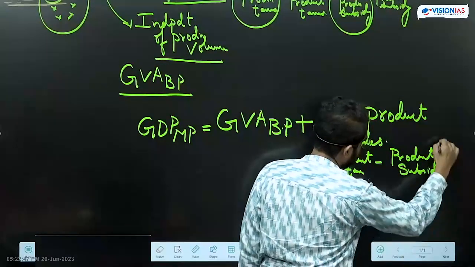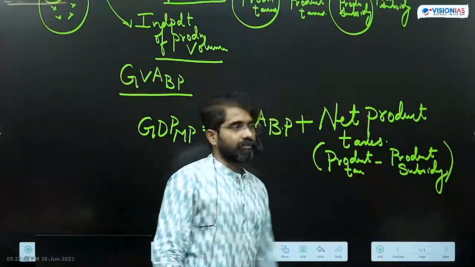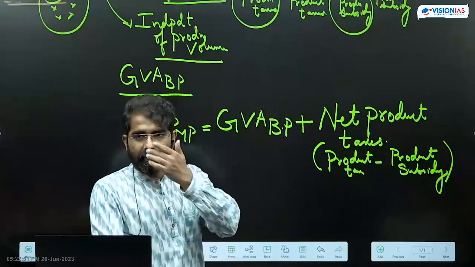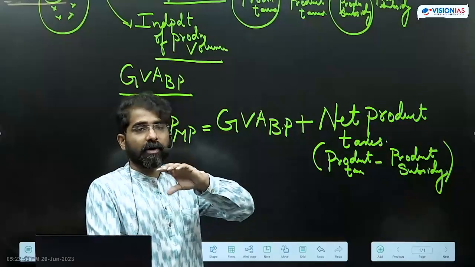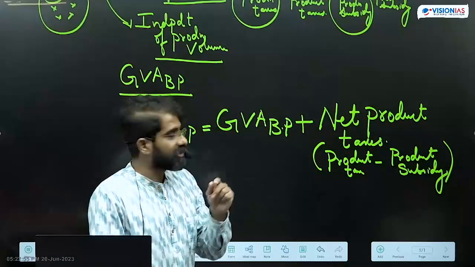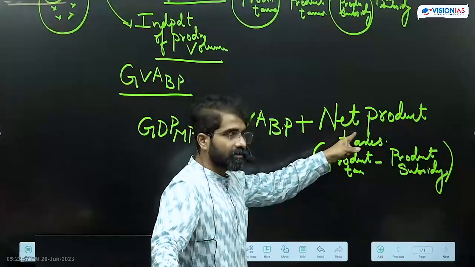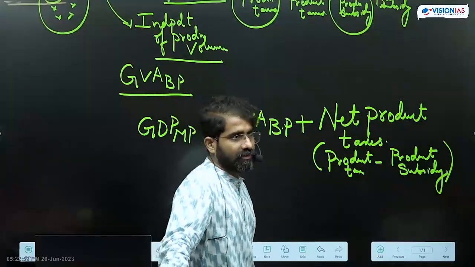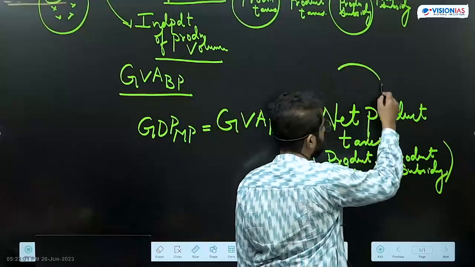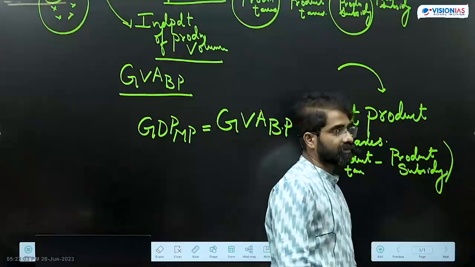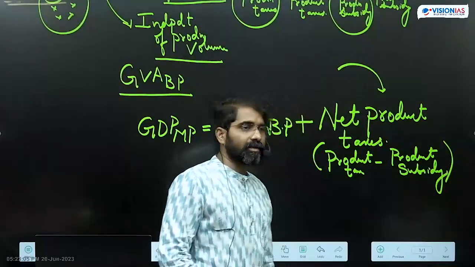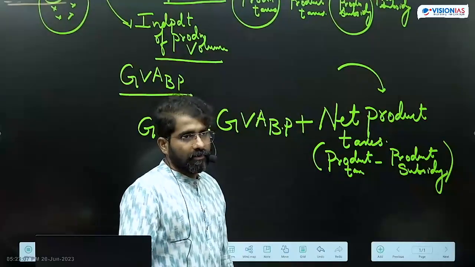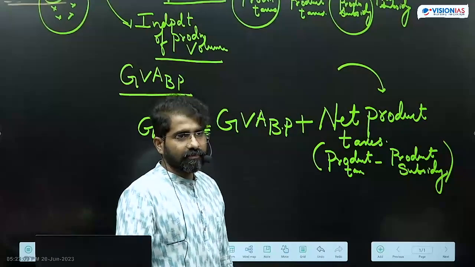Is this clear? So what is not there in basic price is net product taxes, like GST, like excise, like customs. That is not there in the basic price. Is this clear till here? Okay.